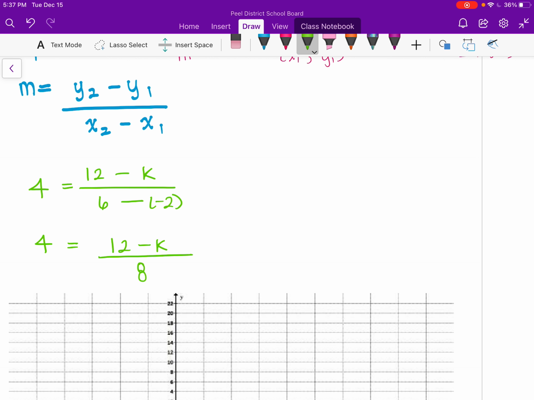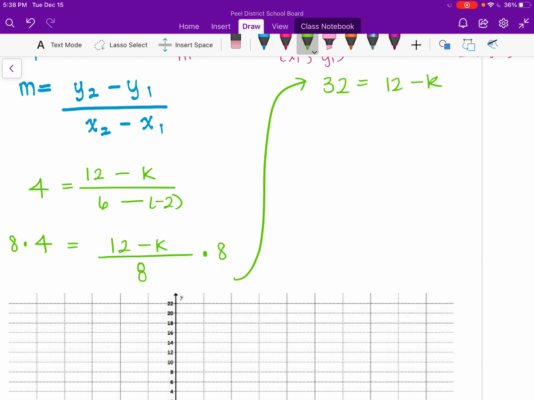Now I just got to isolate for k, and we've already been doing this, so let's get rid of that 8 on both sides. Go all the way up here. 8 times 4 is just going to give me 32. 32 is equal to 12 minus k, right?